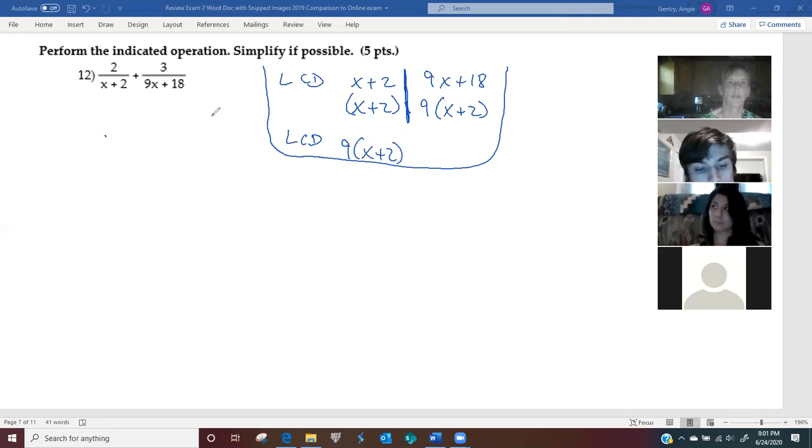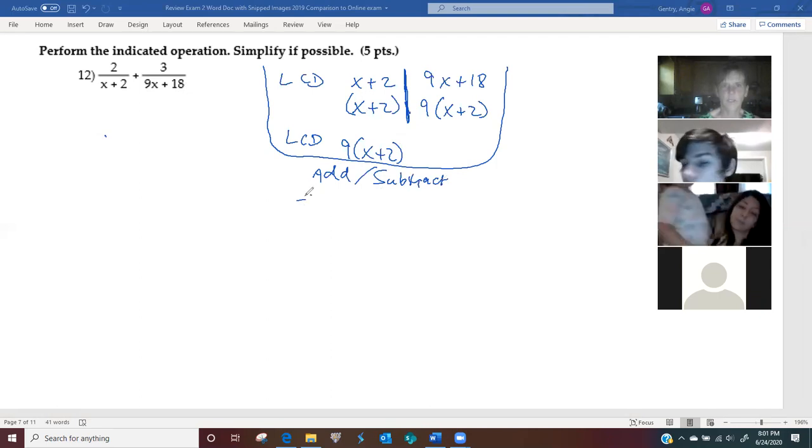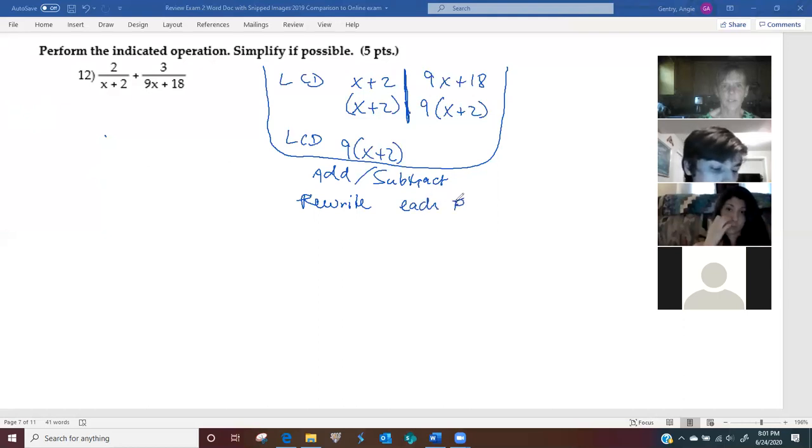Okay, so to add or subtract, it's best if you rewrite without changing anything. Rewrite each fraction or rational expression, RE, with the denominator factored. Only the denominator.